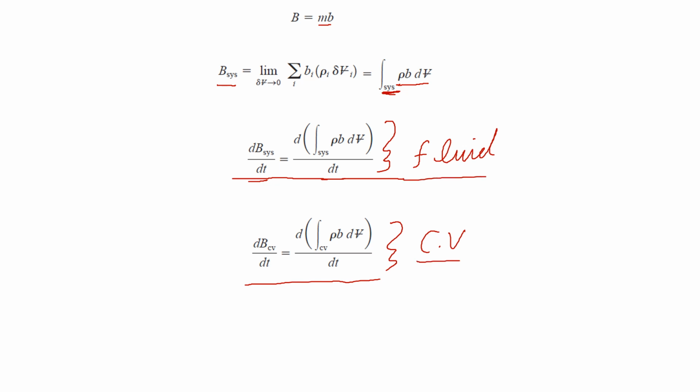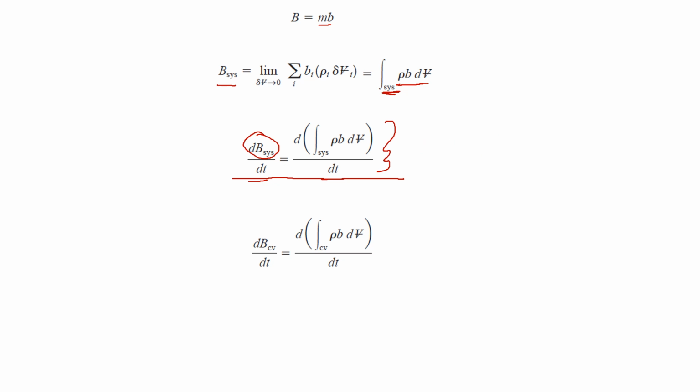So I have written the terminology of the extensive properties for my system and for my control volume, and I have written these two equations. Now I'll further use these two equations in a particular scenario to develop a relation between my system and control volume for a uniform geometry and a uniform velocity. So let's move forward.